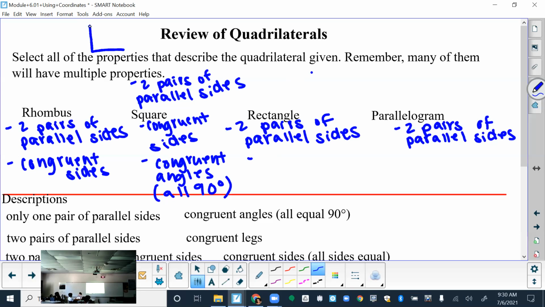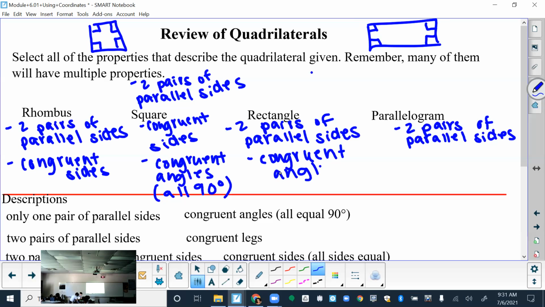Well, yeah. All right, I would agree. So like squares, they have all 90-degree angles, right? So they're all congruent. Rectangles also have all angles at 90 degrees, right? Because they're all perpendicular. So congruent angles, all 90 degrees for rectangles.